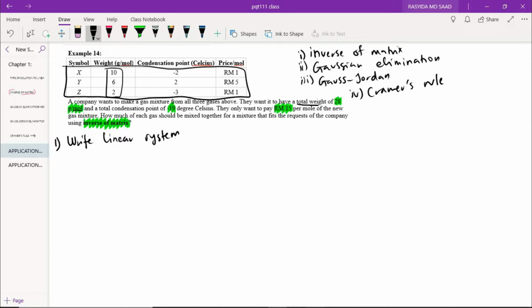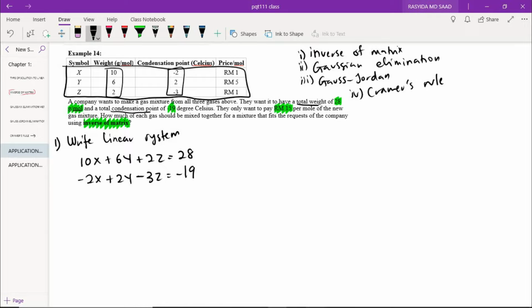This means that 10x plus 6y plus 2z will be equal to 28. And then the total condensation, of negative 90 degrees Celsius. A total condensation means that the total of all of these will be equal to negative 90 degrees. So negative 2x plus 2y minus 3z should be equal to negative 90.